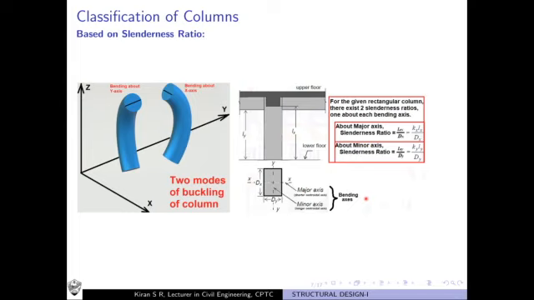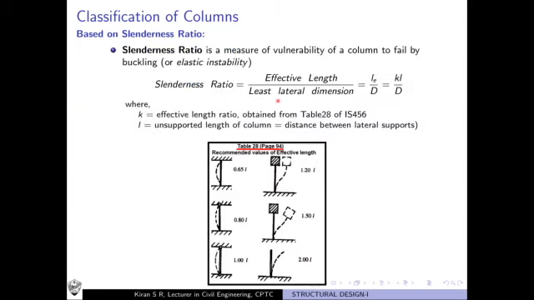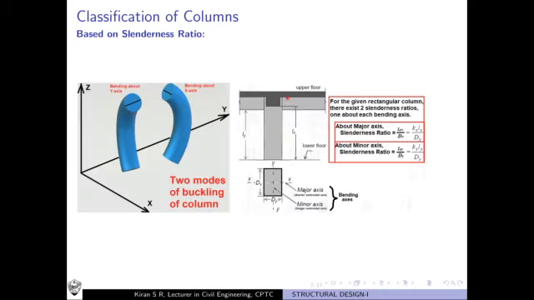But it is important that we can determine whether buckling can occur about the x-axis or y-axis, which is more probable. For which we need to define the slenderness ratio about both axes. Here we have defined slenderness ratio as the effective length to the least lateral dimension.